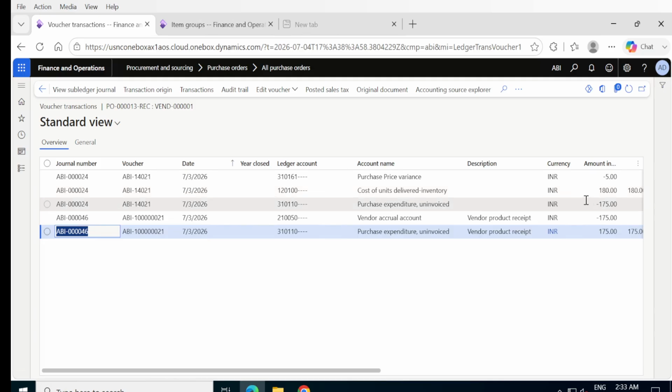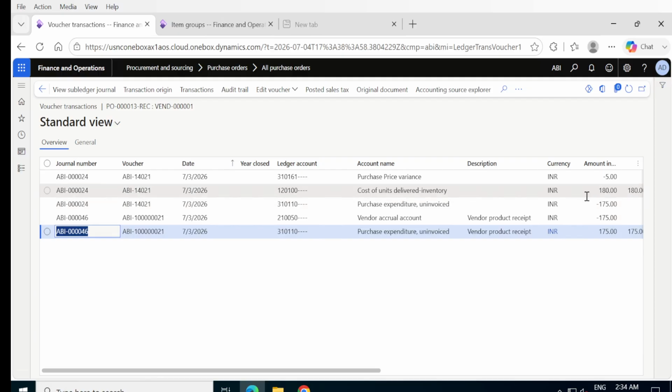Now if you look at it, it is only 175, whereas this is picked up from, if you recollect my earlier session, I showed you that this is a standard cost. So it is picked from my item model standard cost price. The cost of the inventory is 180. However, I am buying it for 175.